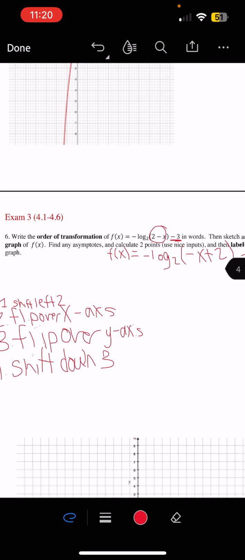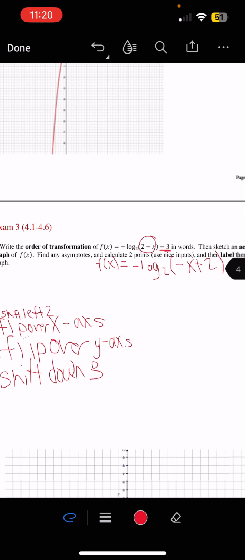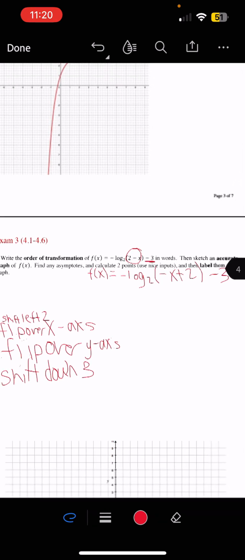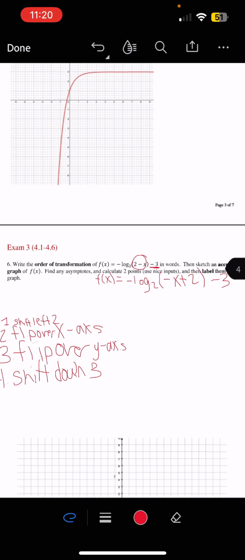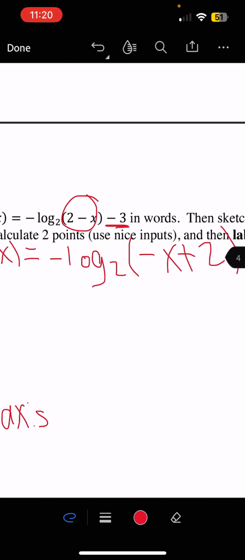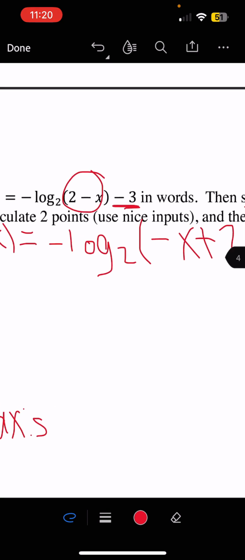All right, so now that we have that, we're going to need our domain, and we're going to need to see if there's any vertical or horizontal asymptotes. And then we need to find 2 points. So to find the domain, you're going to set the inside of the log greater than 0.